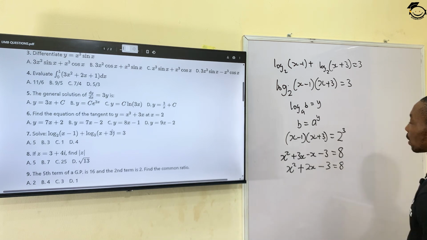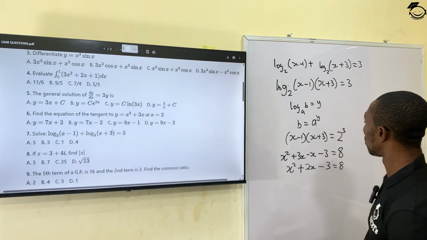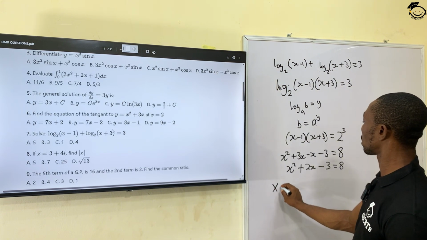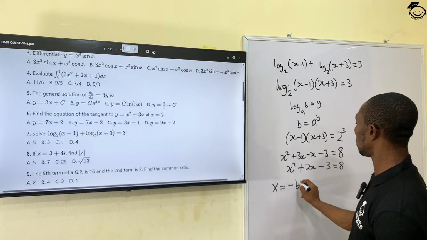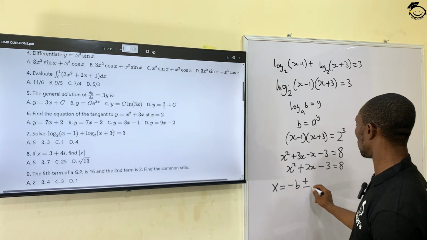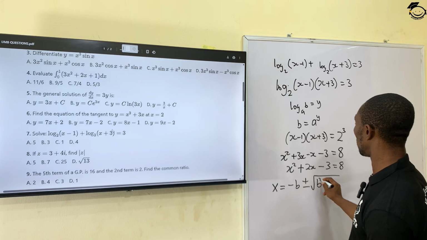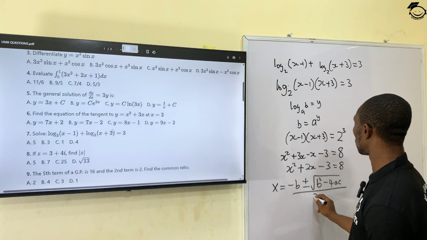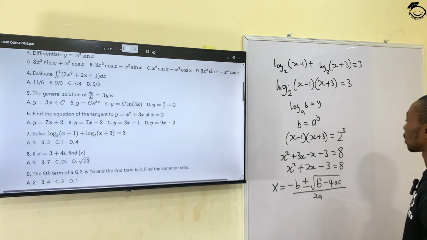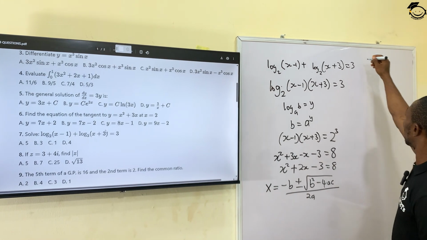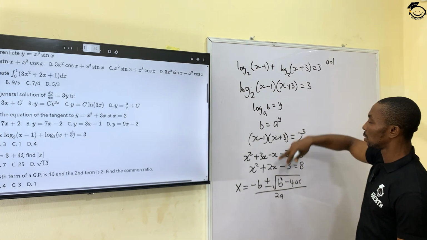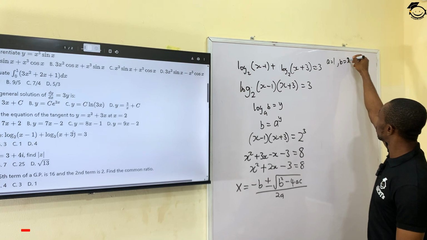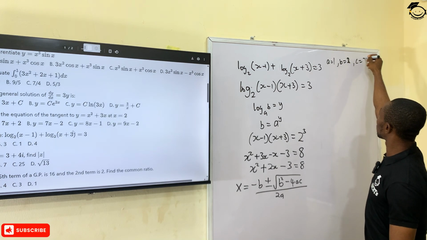So we can solve this using our quadratic formula. The quadratic formula says that x equals minus b plus or minus root b squared minus 4ac all over 2a, where in this situation a equals 1, b equals 2, and c equals minus 3.